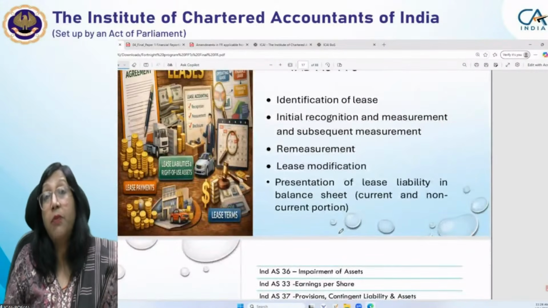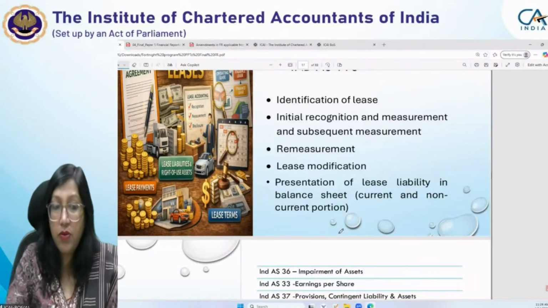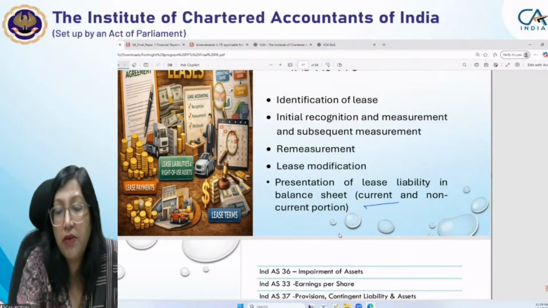Okay, this is very important: presentation of lease liability in balance sheet, current and non-current portion. Students, here I would like to say something. This is very important because most students make mistakes here.